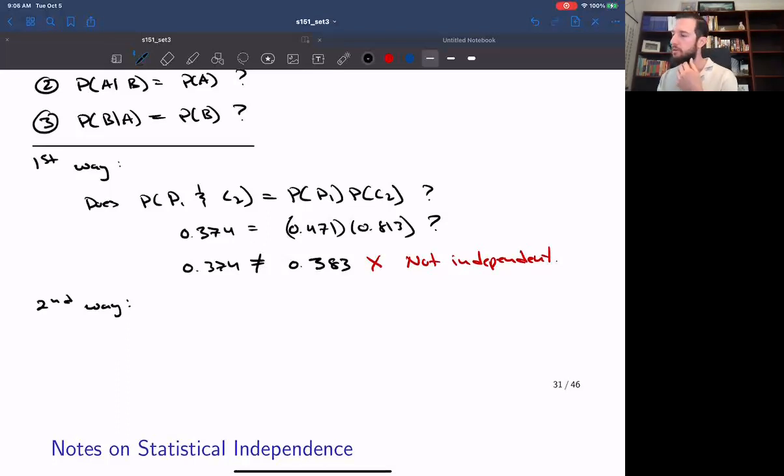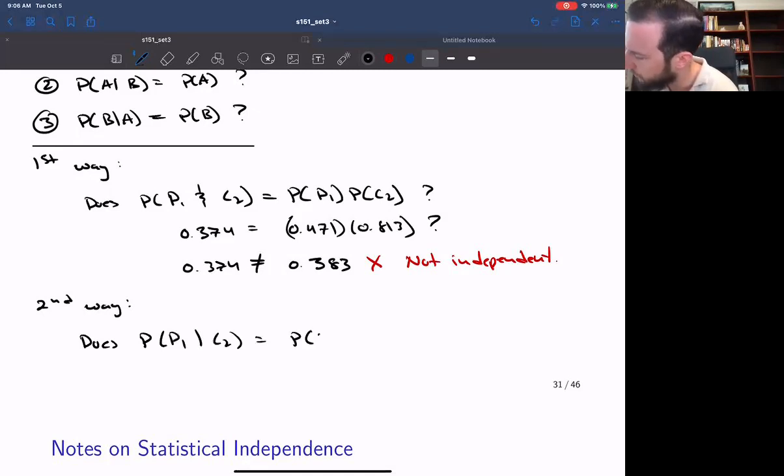So let's say that we use the second formula. It doesn't really matter. We're asking, does the probability of P1 given C2 equal the probability of P1? This is the probability of P1 and C2 divided by the probability of C2, equal to the probability of P1.